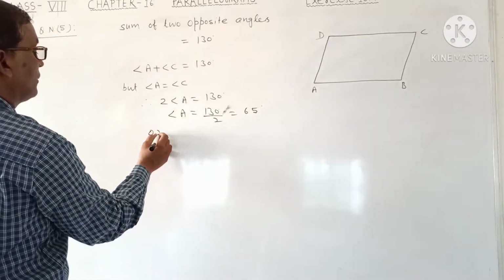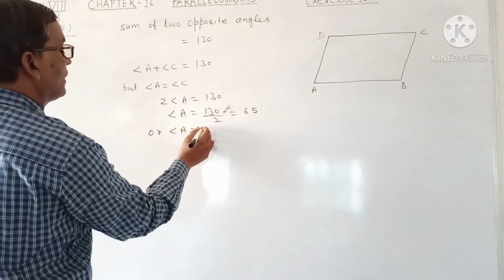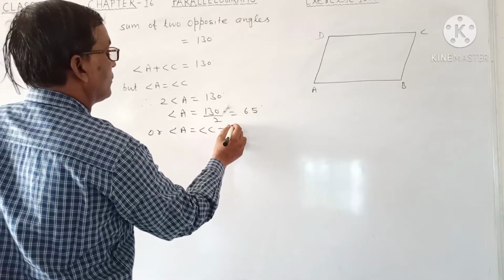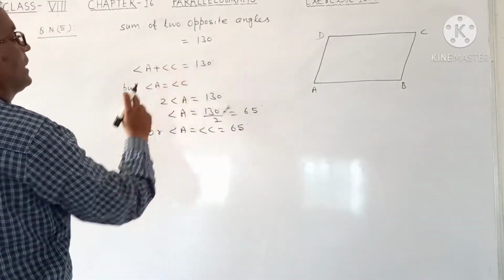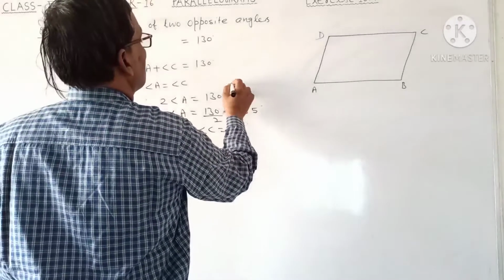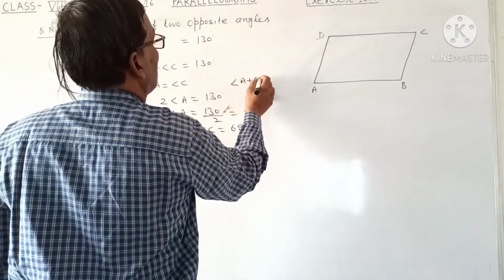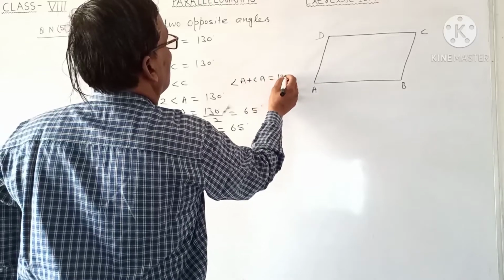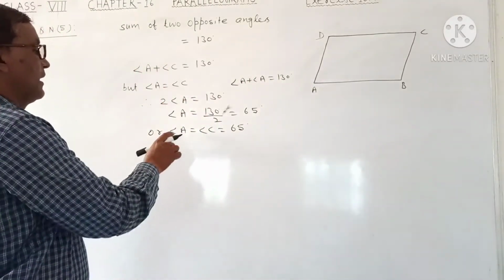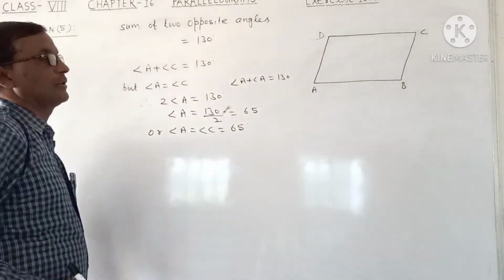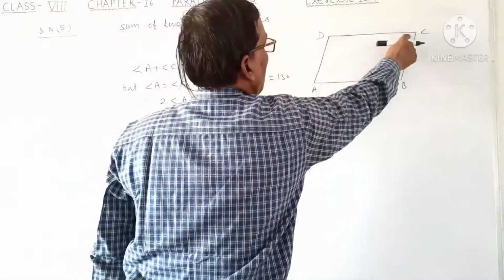Or angle A equal to angle C equal to 65 degree. ये हम यहाँ C की जगह पर भी A लिख देंगे, मीन्स इसको ऐसे लिख सकते हैं एंगल A प्लस एंगल A इक्वल टू 130 डिग्री. Therefore twice A equal to 130 degree, or angle A equal to angle C equal to 65 degree, means A भी 65 degree और C भी 65 degree.